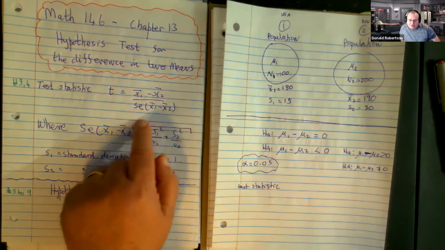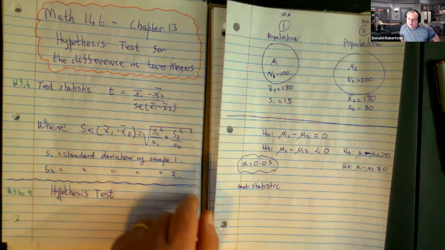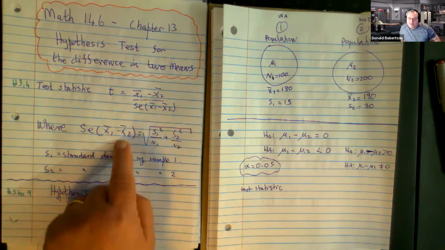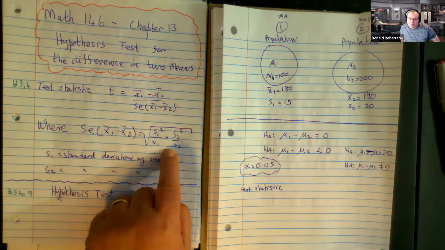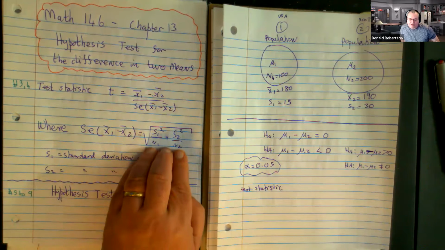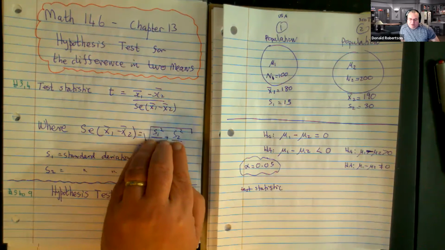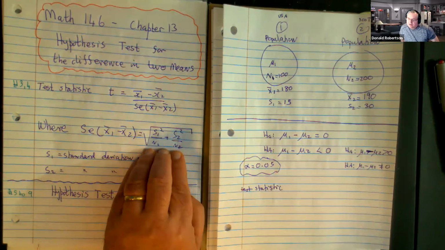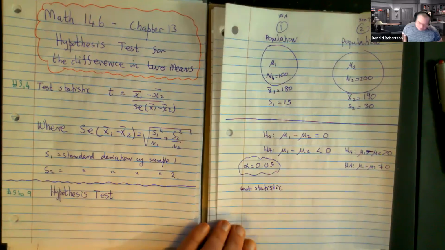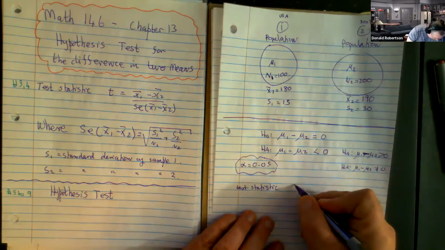Do you recognize this guy? You remember seeing this guy somewhere before in a different context? Confidence intervals for the difference between two means. That's the same formula. Well, let's do this test statistic.